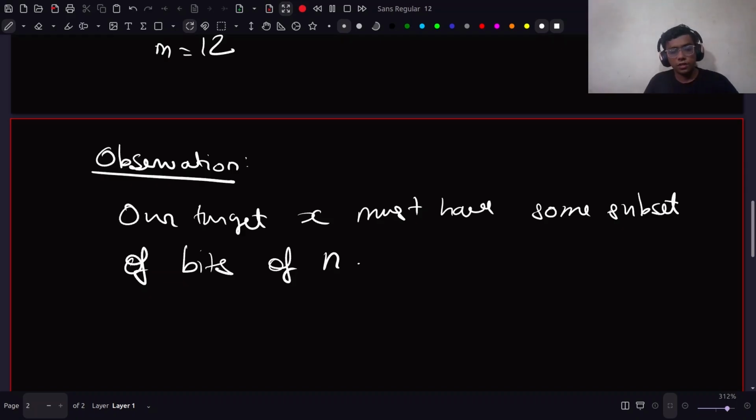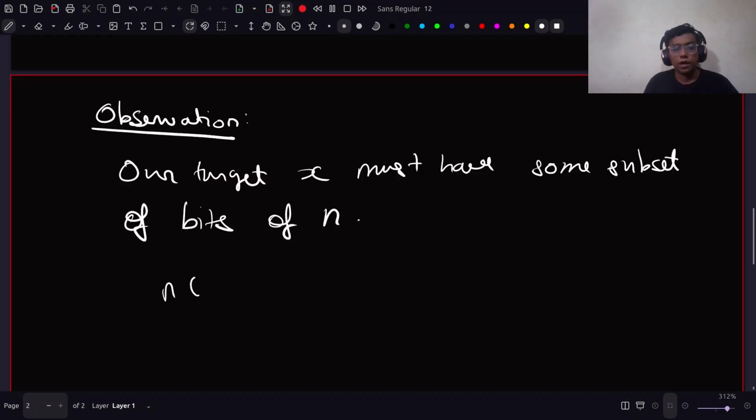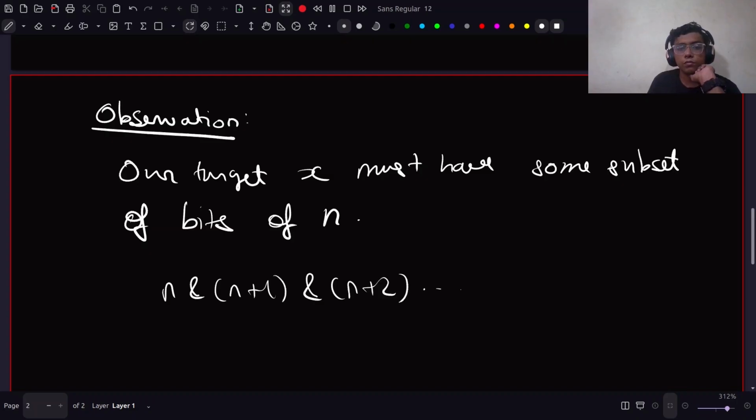Because whatever the bits of n are, when we do n AND n plus 1 and n plus 2 and so on, the bits are only diminishing. There are no new bits being formed, right?